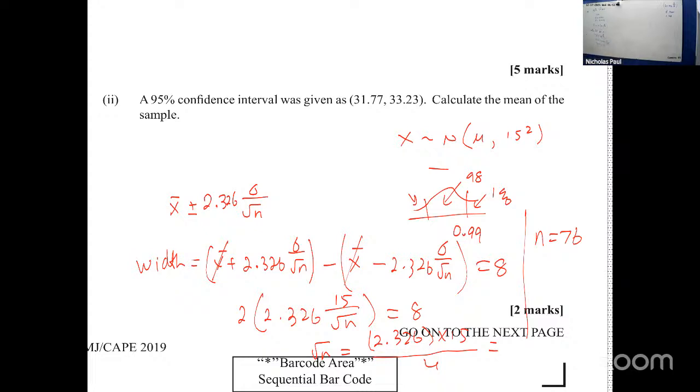I'm just 76. Same part and part 2. That's why I calculate the mean and I give it the 2.